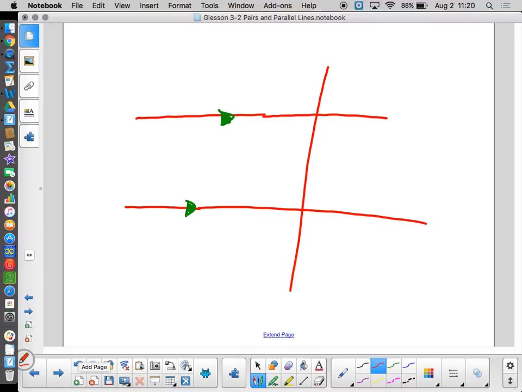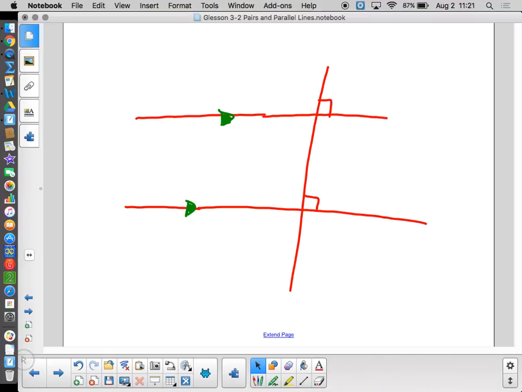Then it can get a little bit tricky because it's not quite so obvious what's obtuse and what's acute. By the way, if it crosses at a right angle exactly, guess what? Then all the angles are congruent because they're all right angles. And they're all supplementary because they're all right angles. So right angle is a very special case.